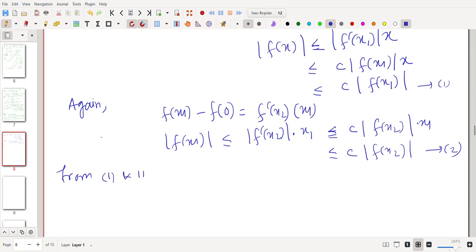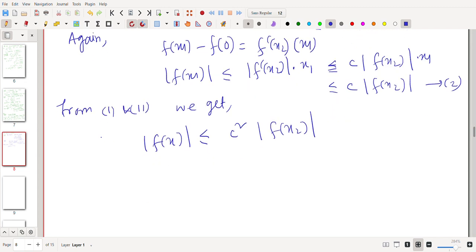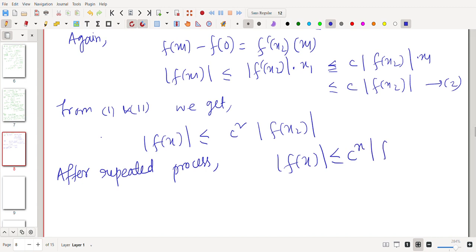So from 1 and 2 we get |f(x)| ≤ c² |f(x2)|. Now if I repeat the same process inductively, I have |f(x)| ≤ cⁿ |f(xn)|, right?